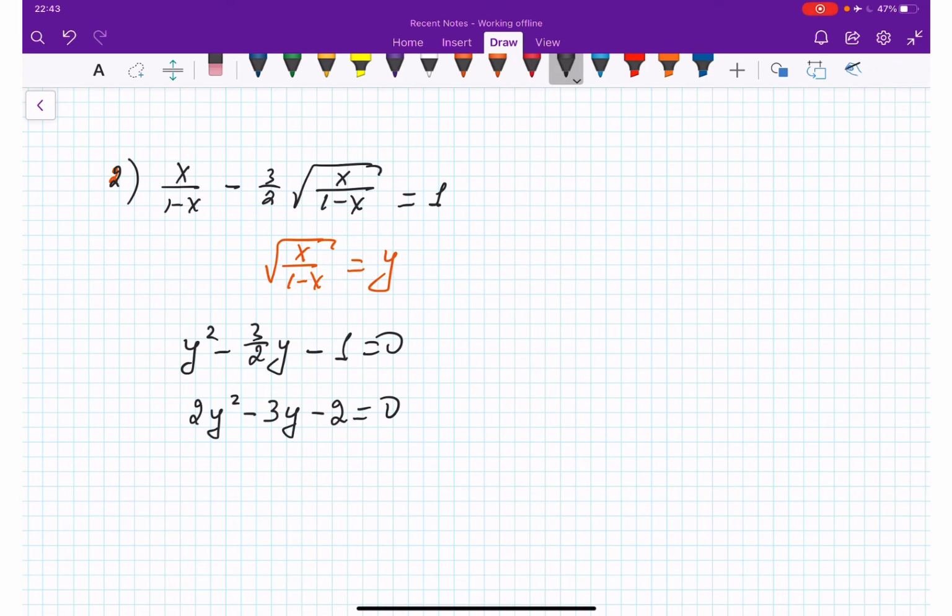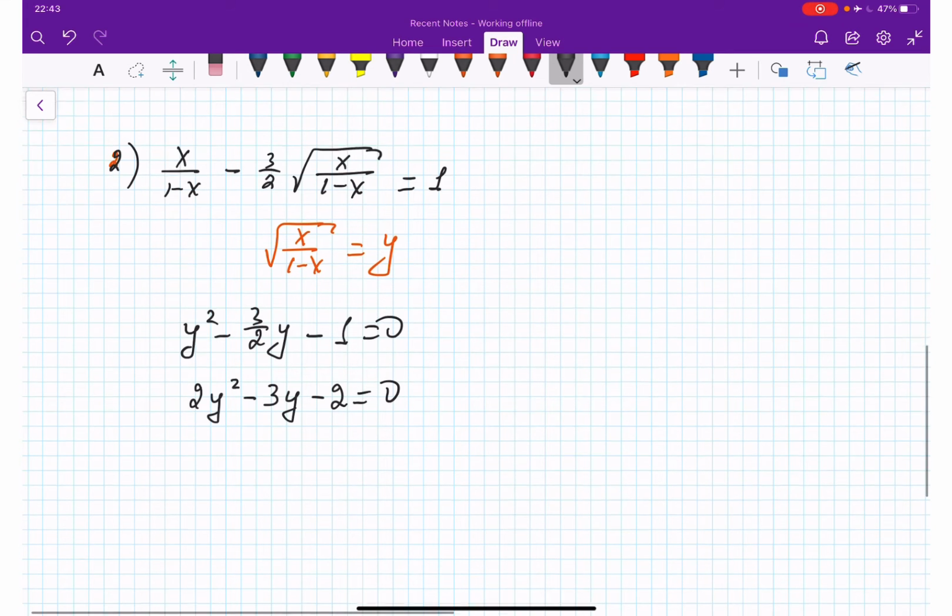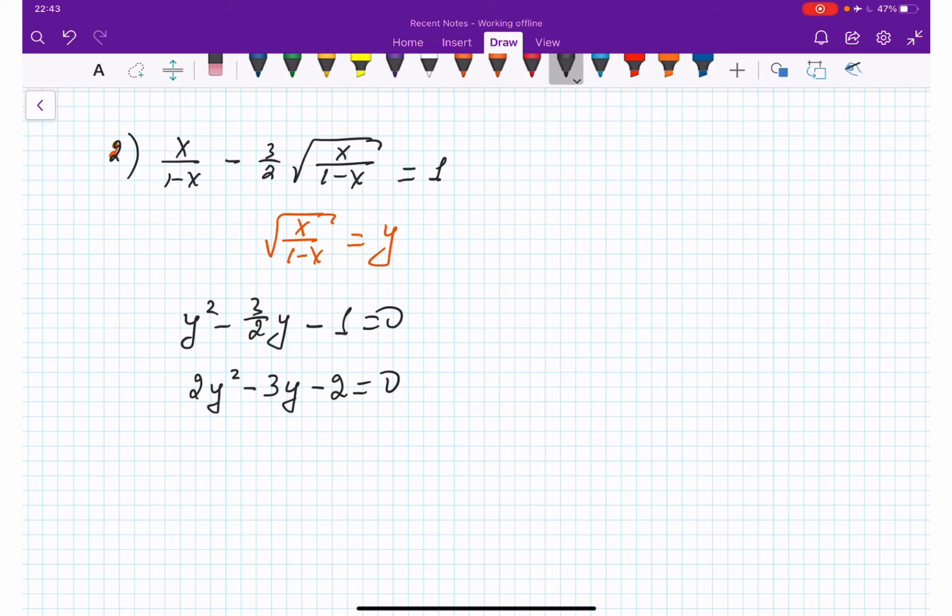So, what do we get from here? If I FOIL it down, I'm going to get (2y plus 1)(y minus 2) equal 0.